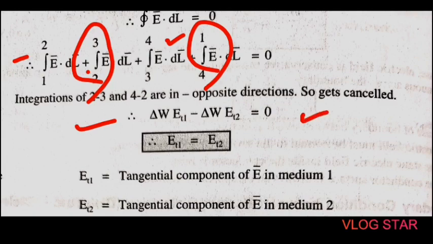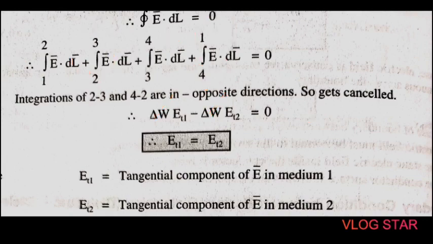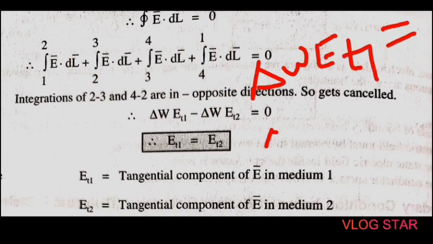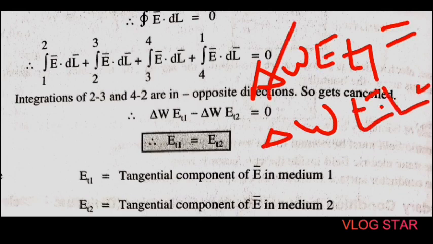Sorry, they are not cancelled. Here we can write del w Et1 is equal to del w Et2. So del w gets cancelled, and the tangential component is Et1 is equal to Et2.